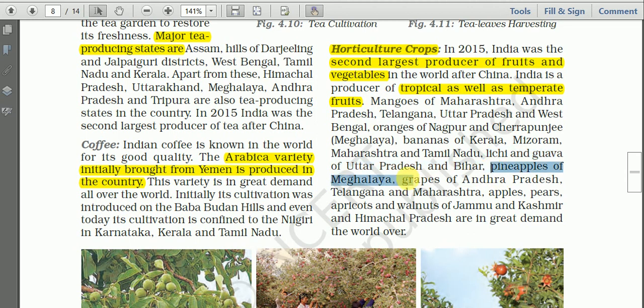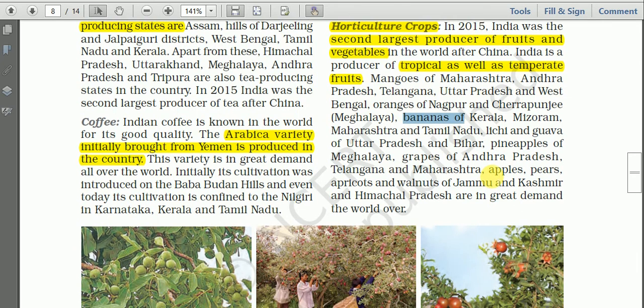Pineapples of Meghalaya. Then grapes of Andhra Pradesh, Telangana, Maharashtra. Apples, pears, apricot, walnuts of Jammu and Kashmir, Himachal Pradesh. Actually, apples and pears are mainly temperate, while mangoes and bananas, for example, are tropical.